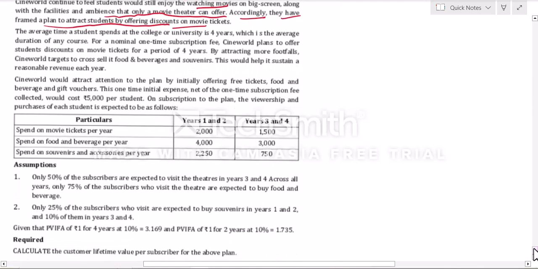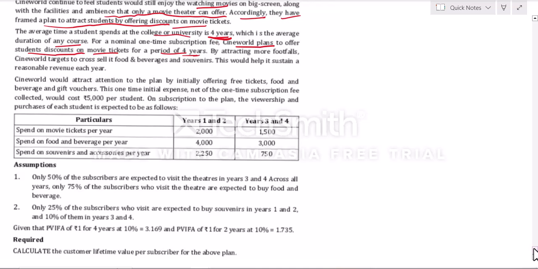The average time a student spends in a college or university is 4 years. Oh, that's only it. So maximum any course will be for 4 years. What is the average duration of any course? For a nominal one-time subscription fee, Cineworld plans to offer students discounts on movie tickets for a period of 4 years.